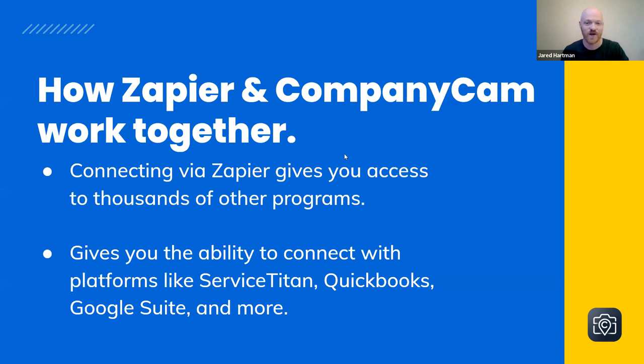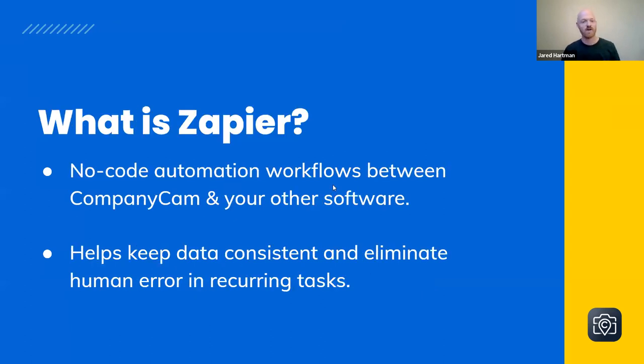But first things first here, what exactly is Zapier? Zapier is a no-code automation that creates workflows between CompanyCam and your other software. It's kind of an odd name, but they use these things called Zaps, and those are the no-code automation workflows that you can set up.